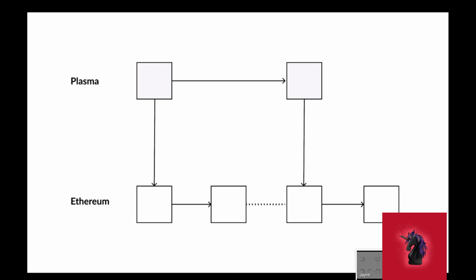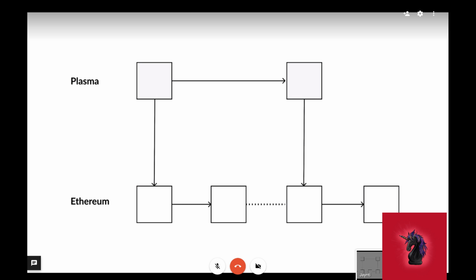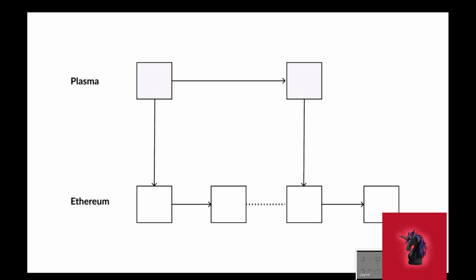Let's say the block time of Ethereum is 14 seconds, your Plasma block time can't be less than that. It's exactly what Ben Jones presented in the last talk. He said it's not about TPS, it's about how many transactions you put in one block and push the commitment on the Ethereum chain.